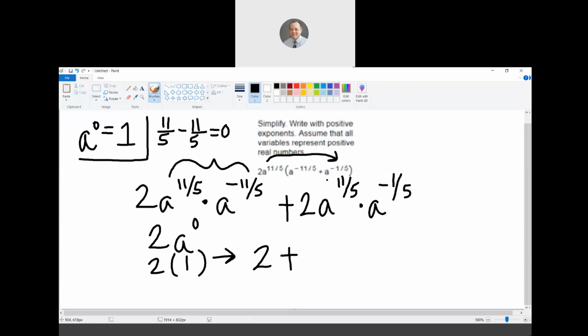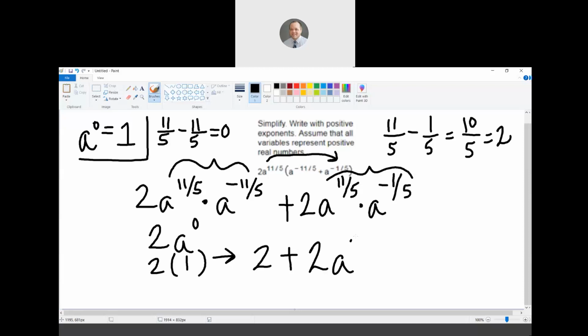For the second part, use the product rule again by combining, in this case, subtracting your exponents. So 1/5 from 11/5 is 10 over 5, which is 2. And that gives us 2a squared.